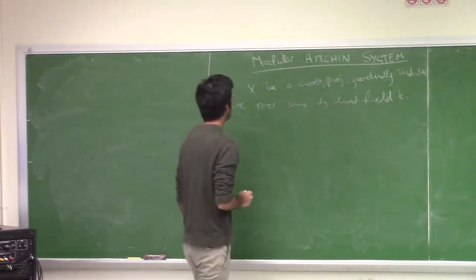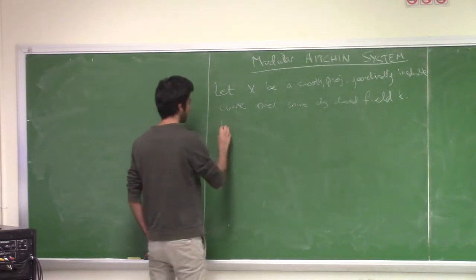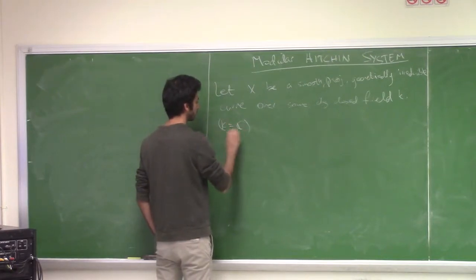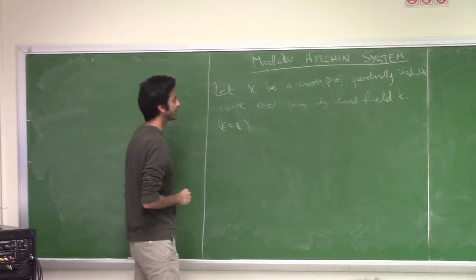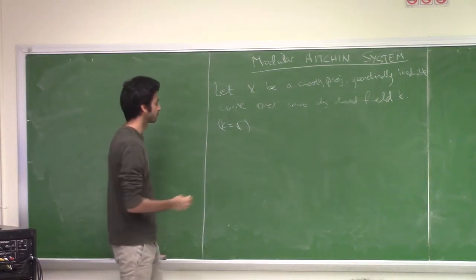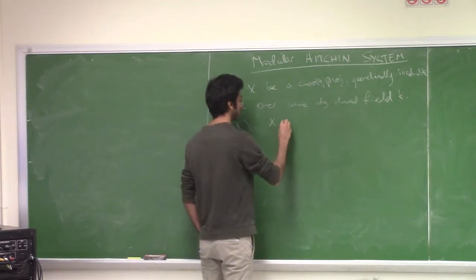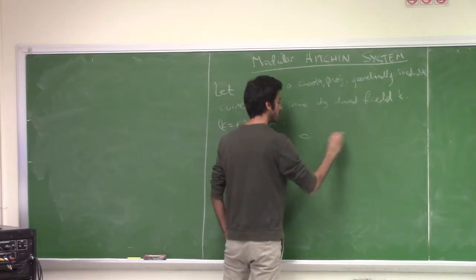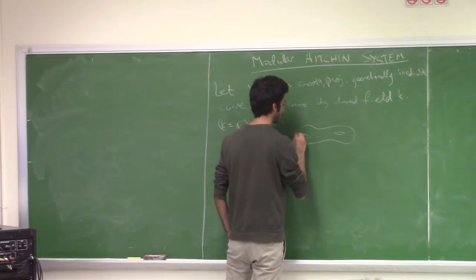But for the most part, we will take K to be equal to C, and later on in the talk, we'll need to go to Q bar and stuff like that. So as of now, X is our good old compact, connected, smooth Riemann surface.